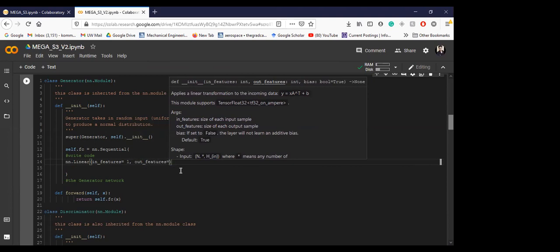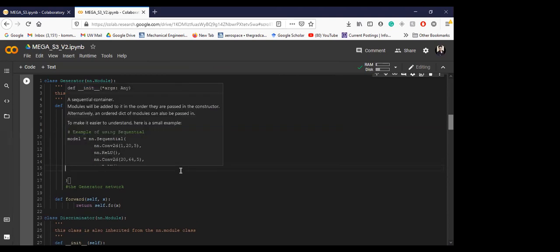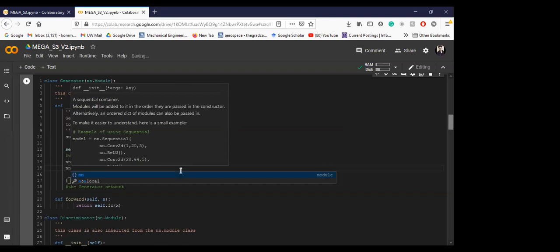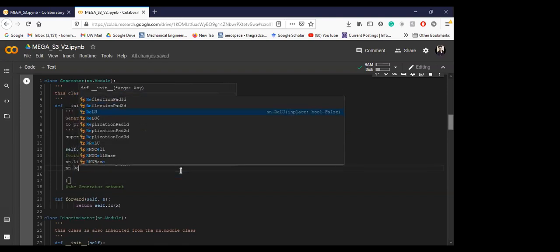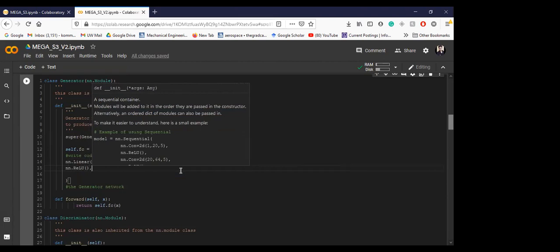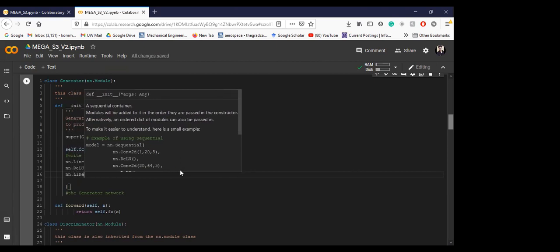Let's just say our hidden layer has 16 neurons. And now let's add some nonlinearity. And as we've seen in all the past sessions, ReLU is the most common activation function. So let's just add that for nonlinearity. And finally, let's add our output layer.